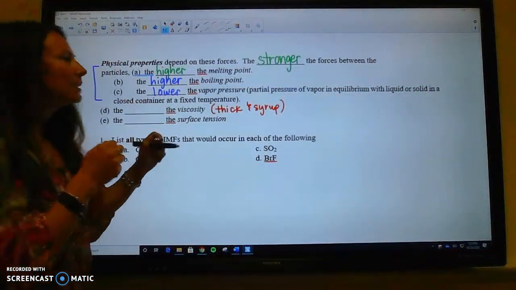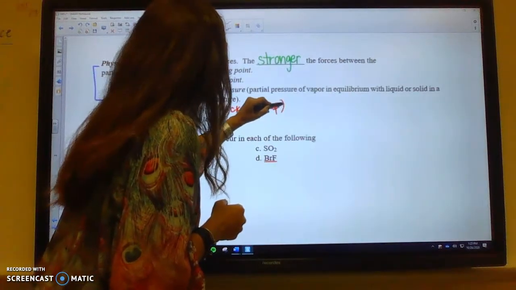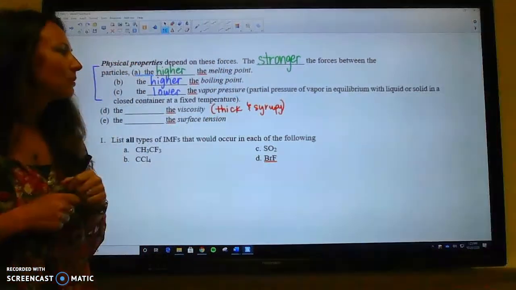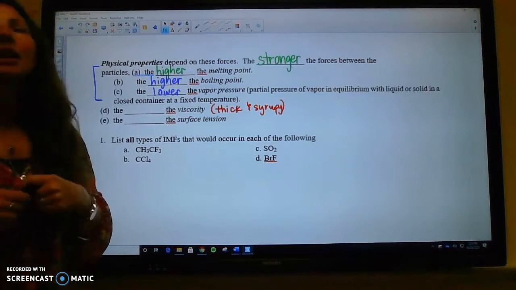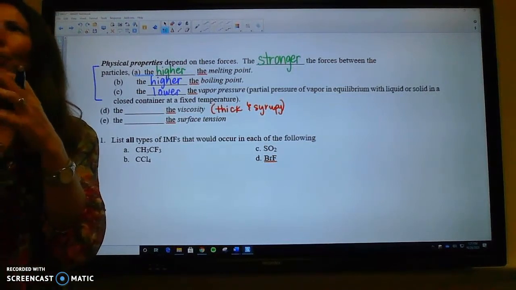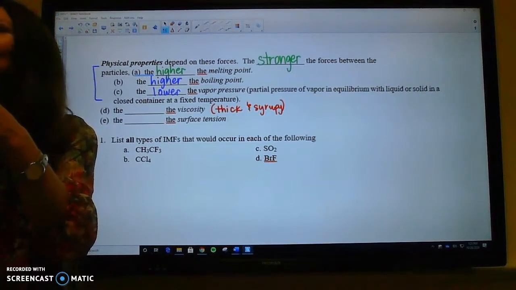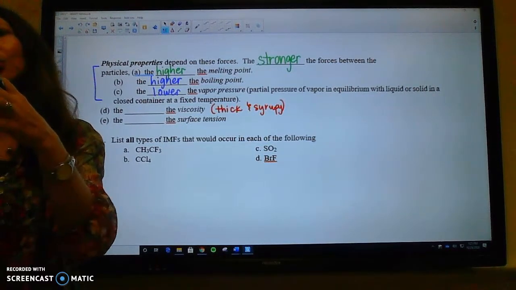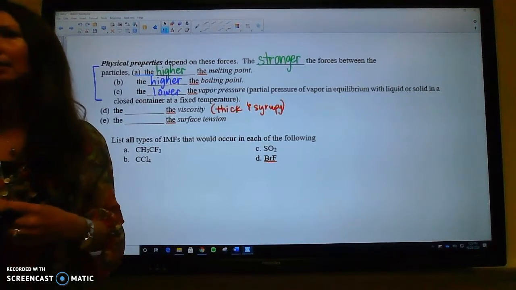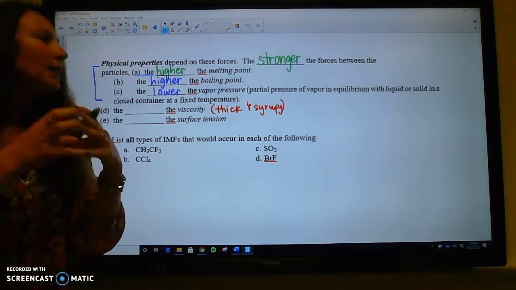So if something is thick and syrupy, I don't know if that's a real word, but we're going to make it a word. Would it become more thicker and syrupier if the attractions were stronger, or would it be less? It'd be more because they want to stay together.